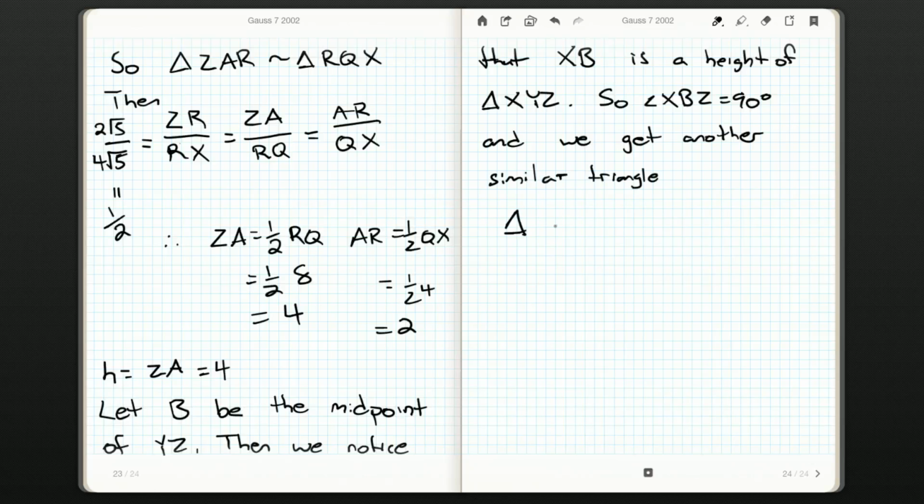So in this case, triangle XBZ is similar to triangle RQX. So once again, we have a half as the ratio of side lengths. ZR, oops, no, we don't need ZR. Which one is it?